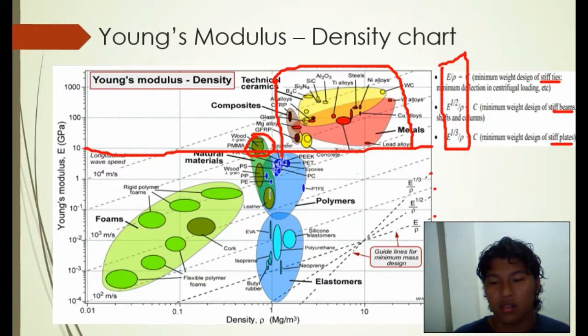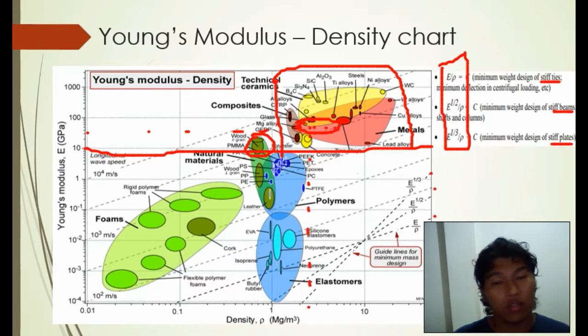Then we see the density, and the value that we consider gives us a small group of materials.